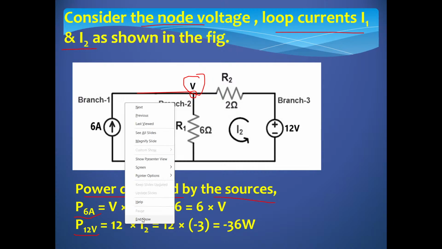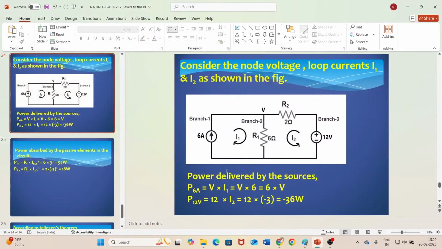That I might have written here itself. It might have been better. Power delivered by current source. I can write it here. It's okay. I will try to write.